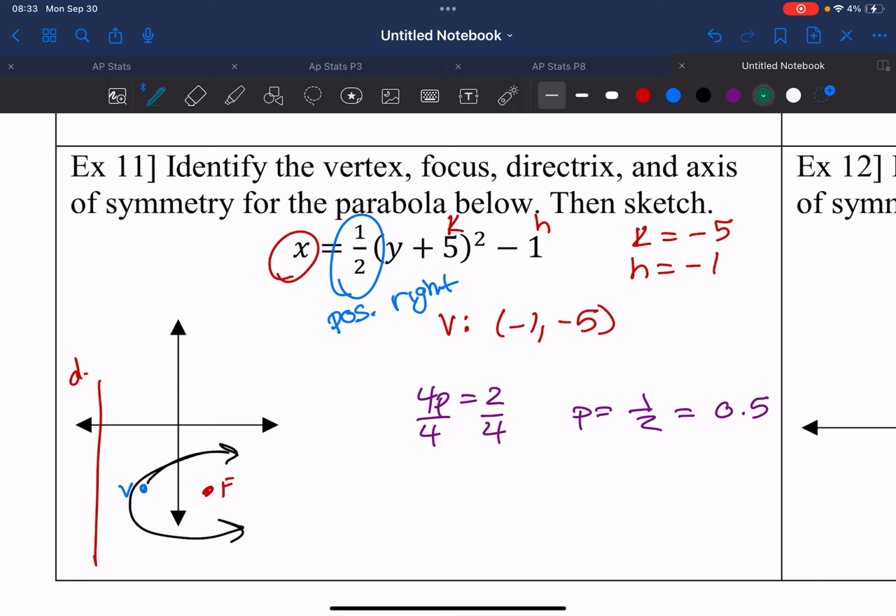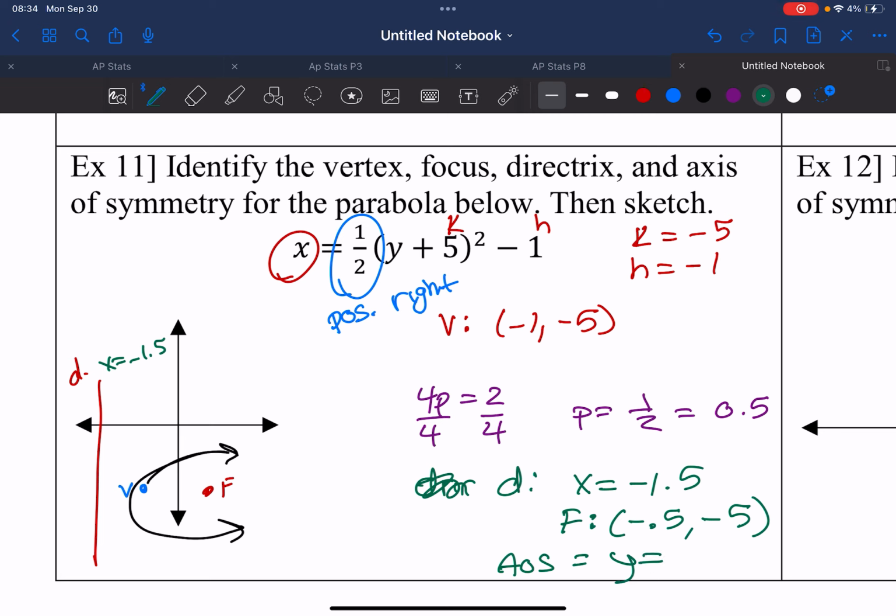So that means our directrix is going to be x equals negative 1.5. And our focus point is going to be negative 0.5 comma negative 5. And then our axis of symmetry is going to be y is equal to negative 5. Because again, this is what's splitting our parabola in half.